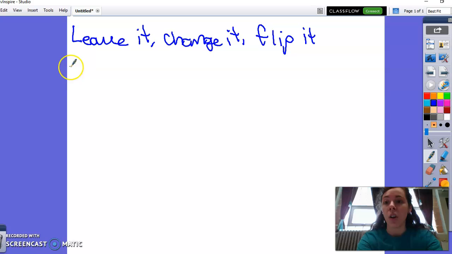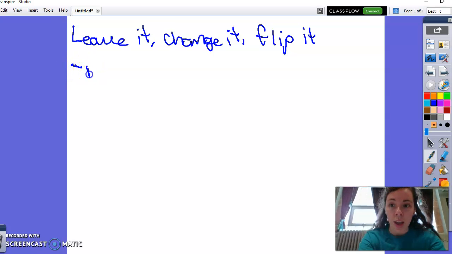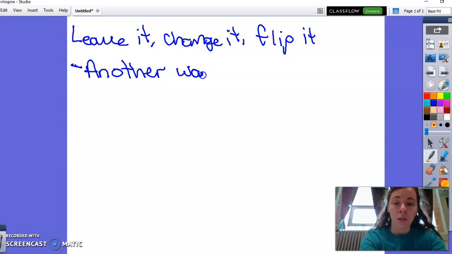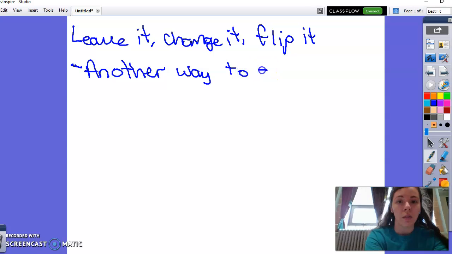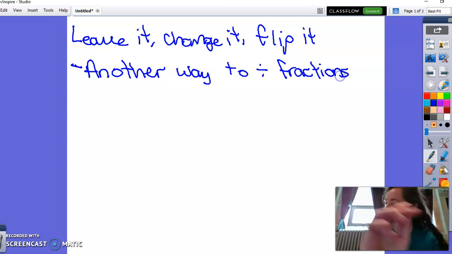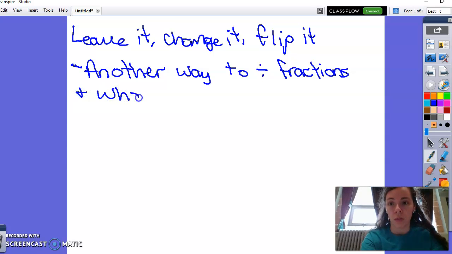And here's our first note for this lesson. Another way to divide fractions and whole numbers is to multiply.